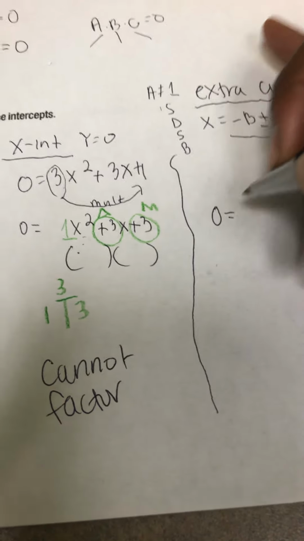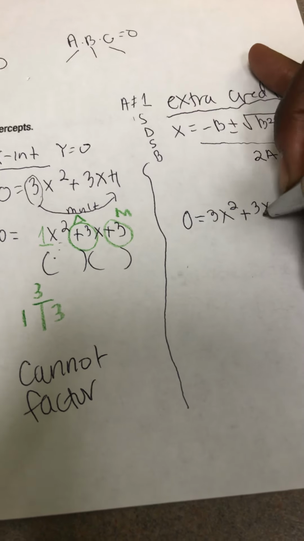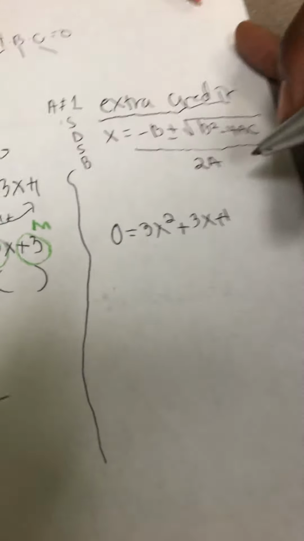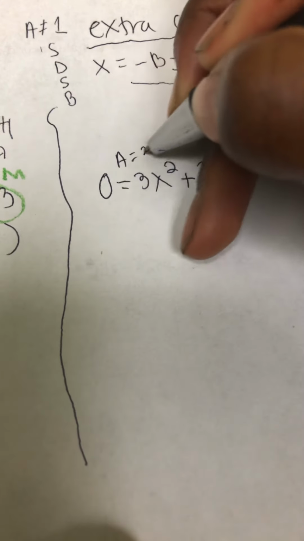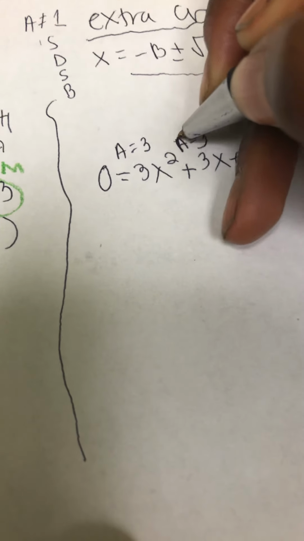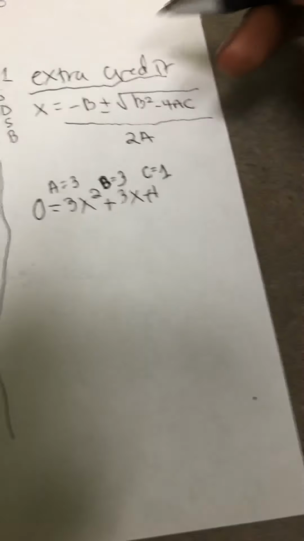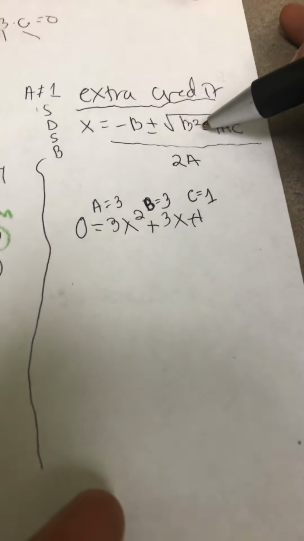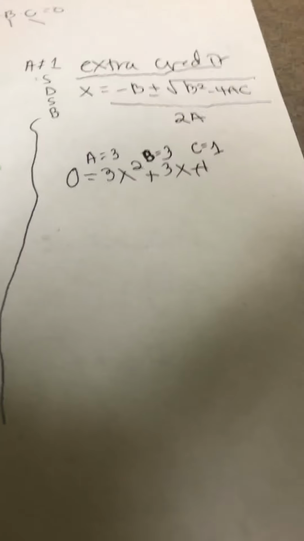So we actually have 0 is equal to 3x squared plus 3x plus 1. So now I'm gonna label what we have. So my a here is 3, my b is 3, and my c is 1. So essentially, I'm just going to plug it into my quadratic formula. Remember, whenever you're plugging in, you always need to use parentheses.